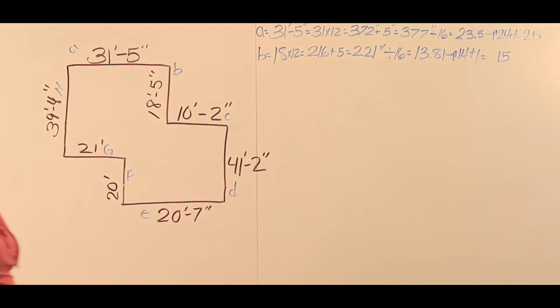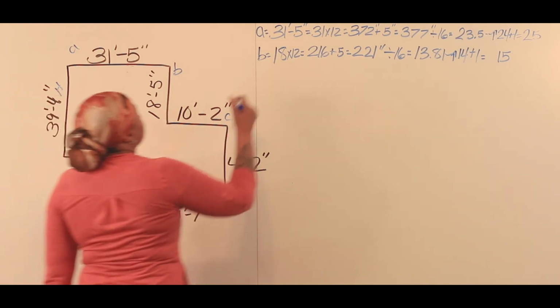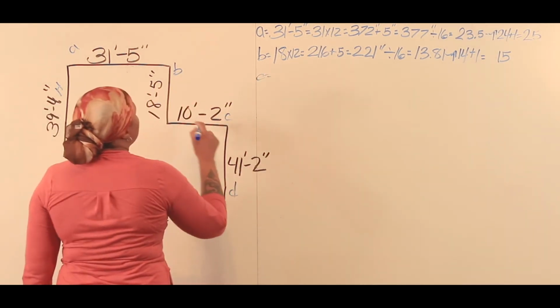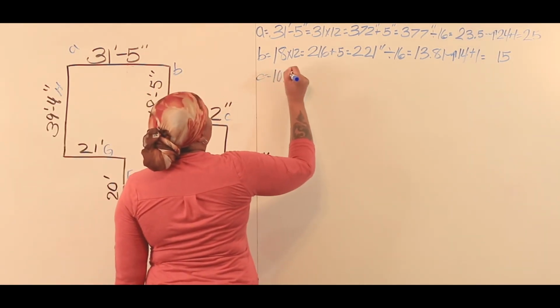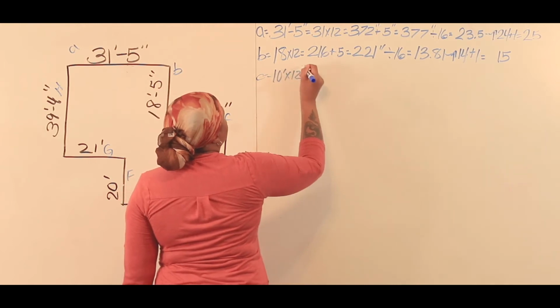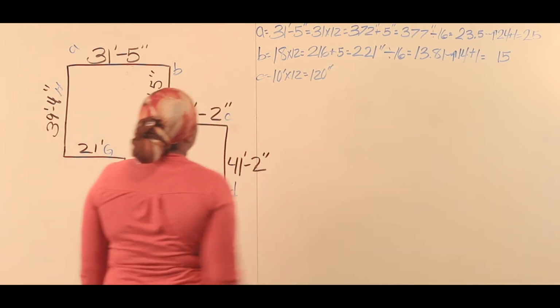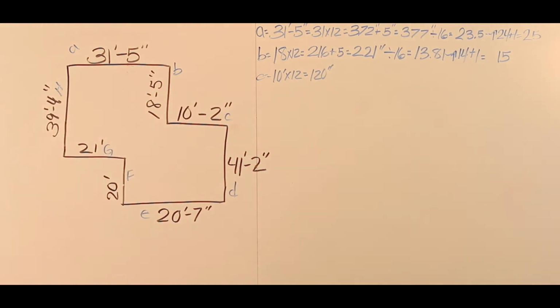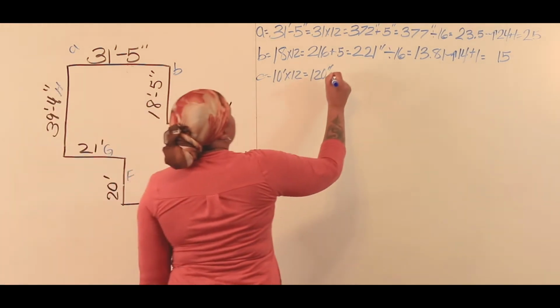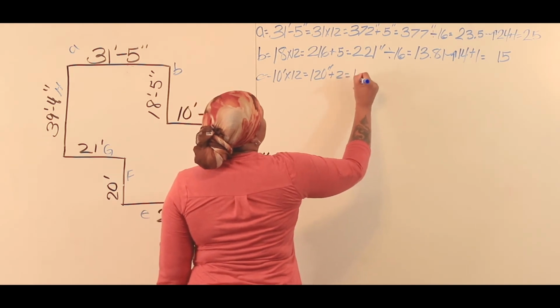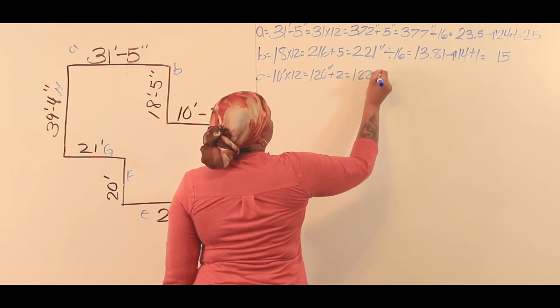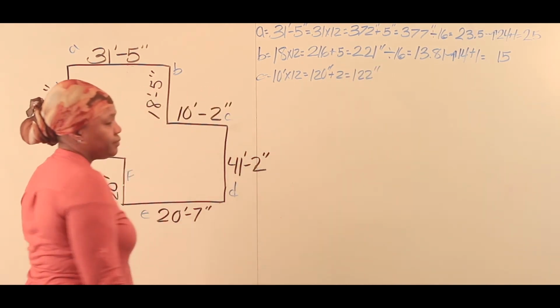C. We got 10 feet 2 inches. First thing we do is take that 10 feet, multiply it by 12, 120. Add it to the inches we already have. Plus the 2 gives us 122 inches. Next step, divide by 16.